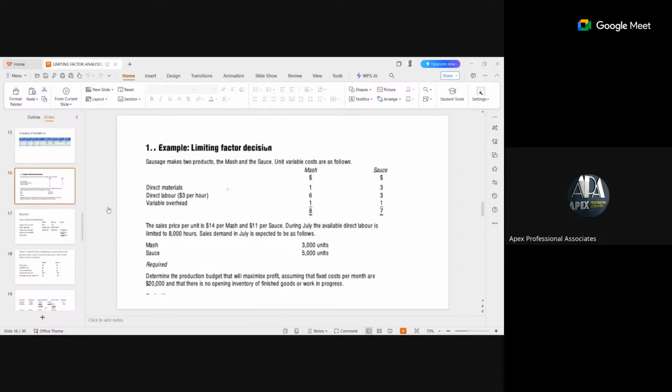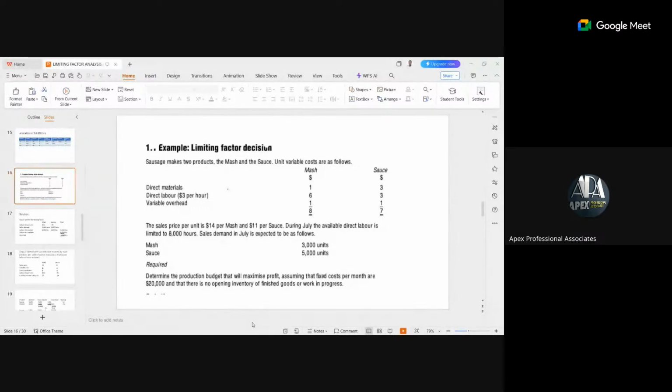So also, we must solve for contribution. Contribution is a key element when trying to solve questions on limiting factor. We must do what we call contribution analysis. Products or activities are analyzed to determine their contribution per unit of the limiting factor.